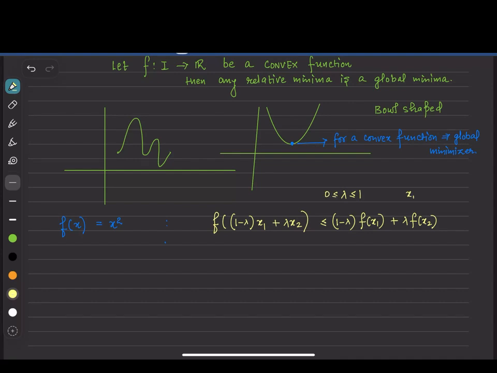So x1, x2 belong to the interval I on which f is defined. This is an appropriate interval on which this is defined.